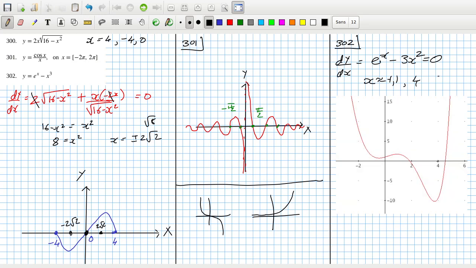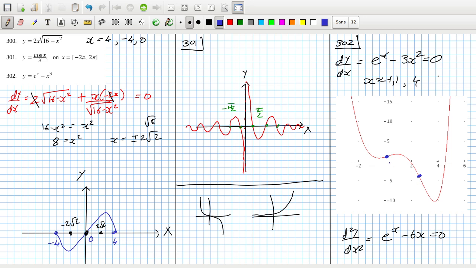Yeah, and then likewise, d2y/dx squared equals e to the x minus 6x equals 0. So, concave down, or concave up, concave down. So there's like an inflection point here, and here.